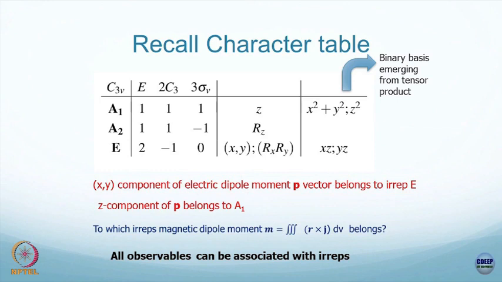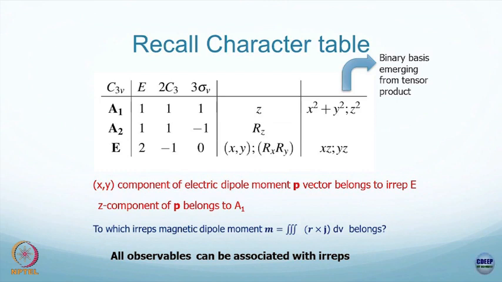Clear? So, every observable which I am going to write in nature, I can categorize which irreps it belongs to, for a given system with the symmetry which I am looking at. If I am looking at a harmonic oscillator symmetry, then I have to look at it as a C2 group symmetry, and then I have to see which one it will belong to and so on. So, now I am doing C3V and I am looking at the observables. Is this clear? As of now these all belong to your primary basis. Am I right?